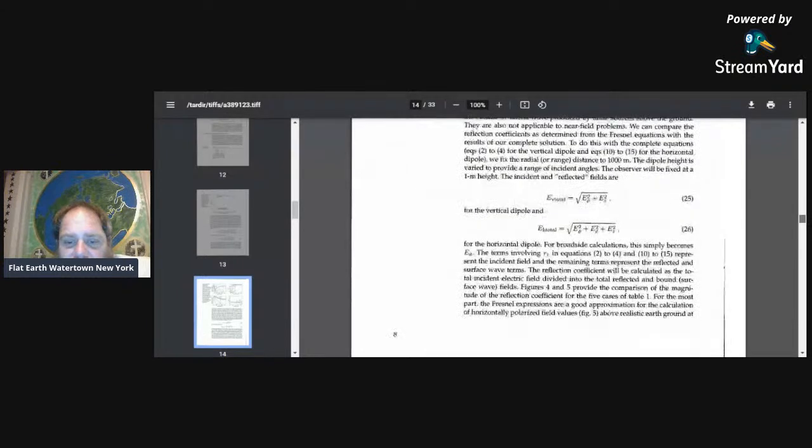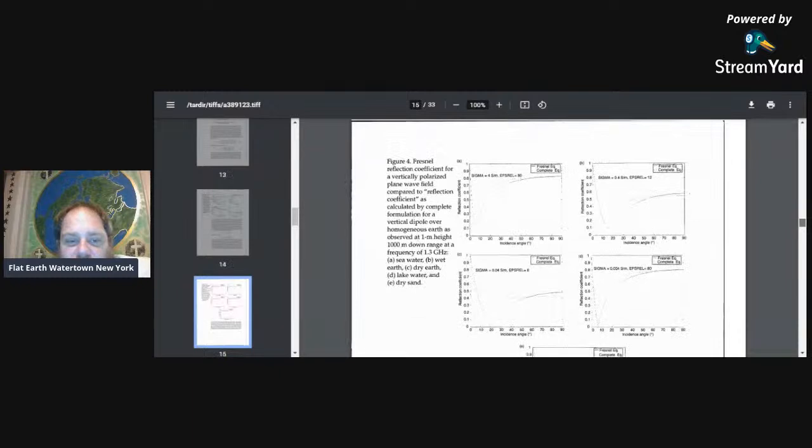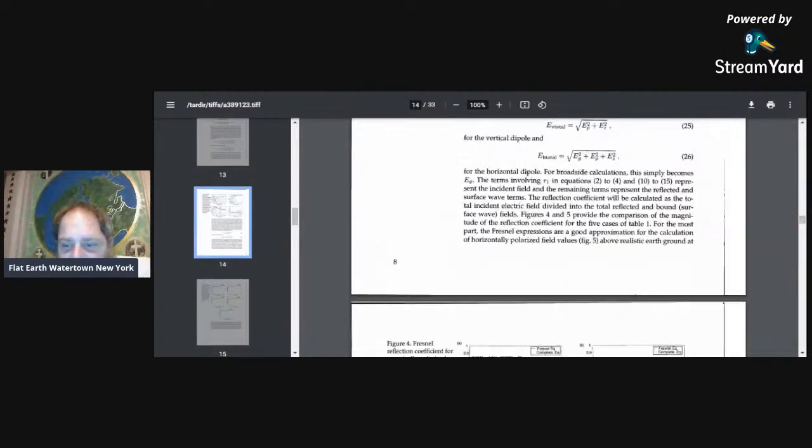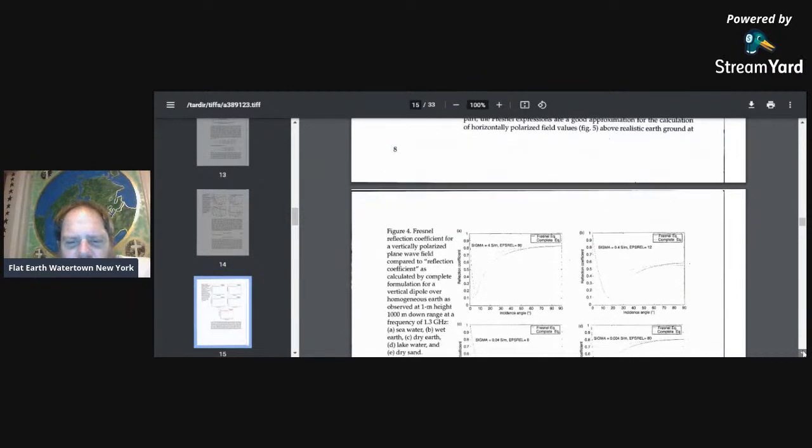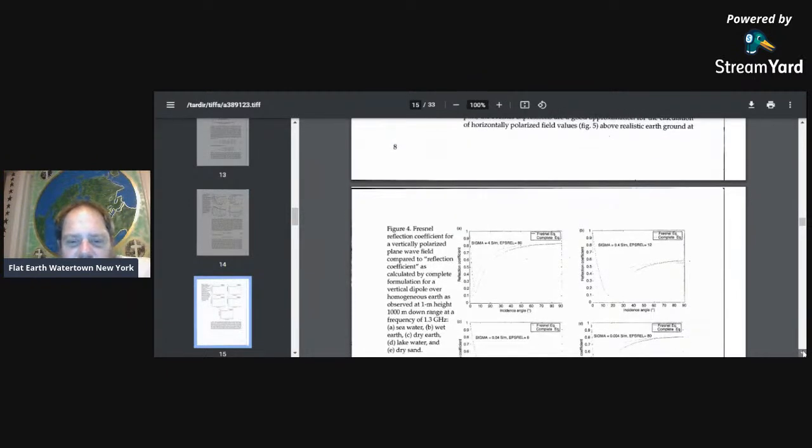Let's look at some of this math. I don't even know what none of this means really, when it comes down to some of these formulas. Let's see here.